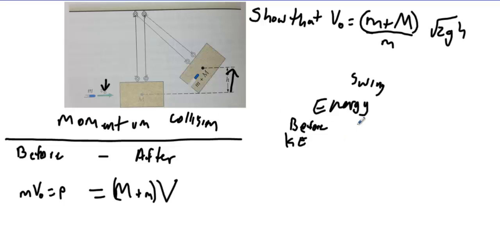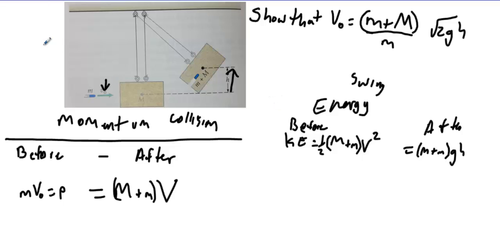Before the swing, the kinetic energy is equal to big M, the mass of the block, plus little m, the mass of the bullet, times however fast they're going, squared, times 1/2. That's kinetic energy. But after the swing, that energy is converted into potential, so this is equal to big M plus little m times gh.